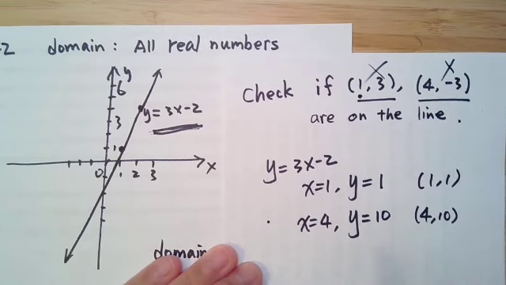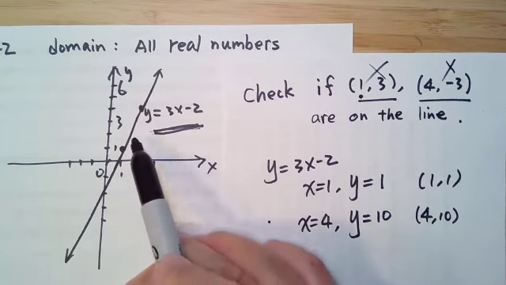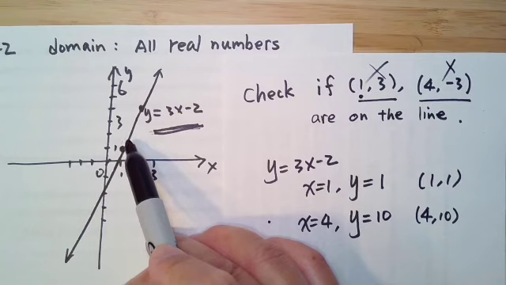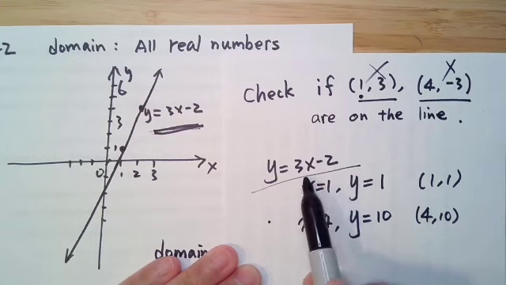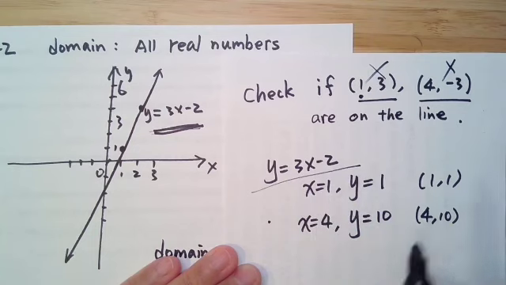That means for every single point on the line, its x, y coordinates must satisfy this linear equation. Make sense? That's the same thing. For every pair of x, y that satisfy this linear equation, that point should be on this line.